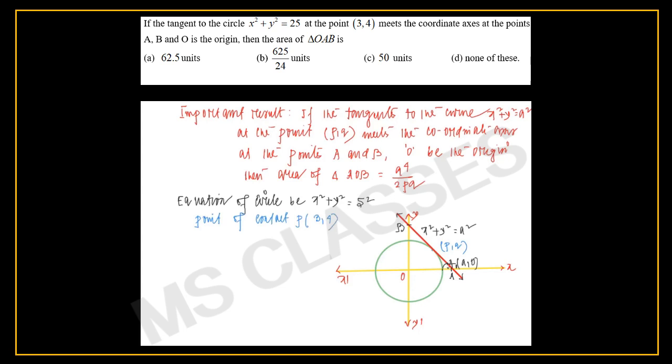Therefore, you can find the area now. Area of triangle AOB is given by 5 to the power of 4, because here the radius is a, divided by 2 times 3 into 4. Now that gives us 625 by 24 square unit.